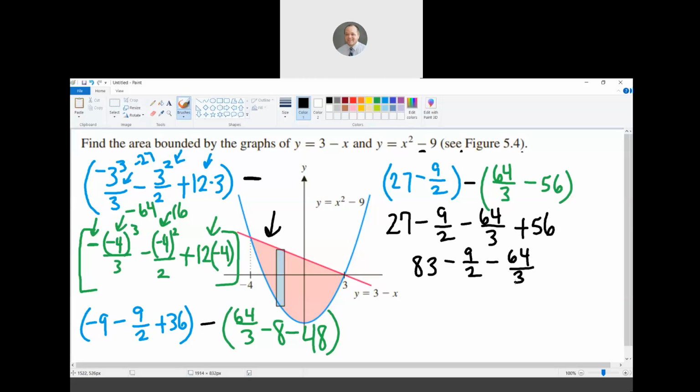Now, to combine everything together easier, we need to rewrite each part as something over 6, because 6 is the common denominator. So 83 we can write as 258 over 6.